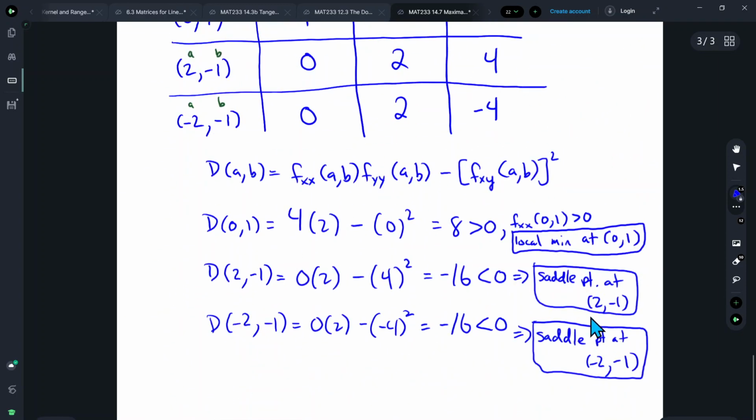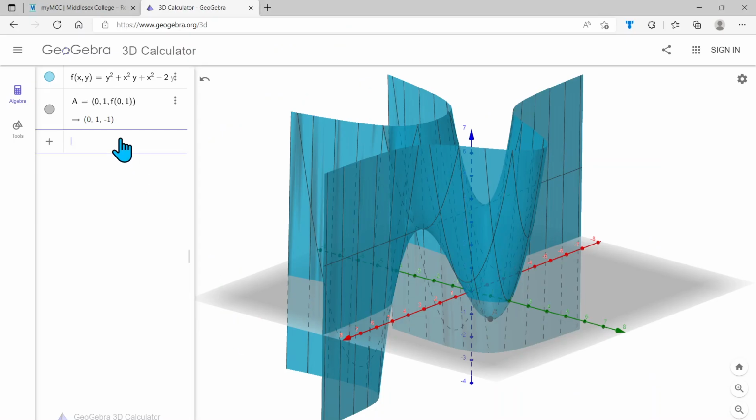Okay, so now let's do the two saddle points. I want 2, negative 1. Let's just have the function calculate the z value. So 2, negative 1. And then the other one was negative 2, negative 1. Let's have the computer calculate the function value.